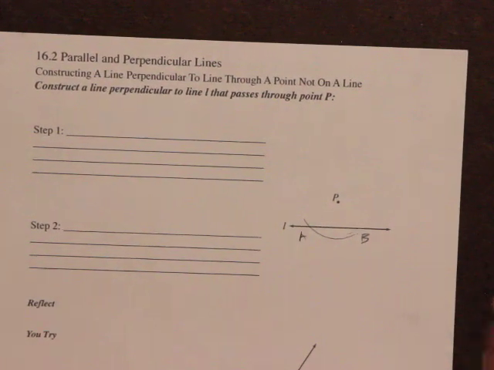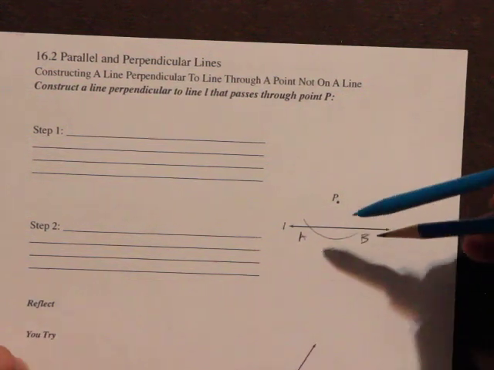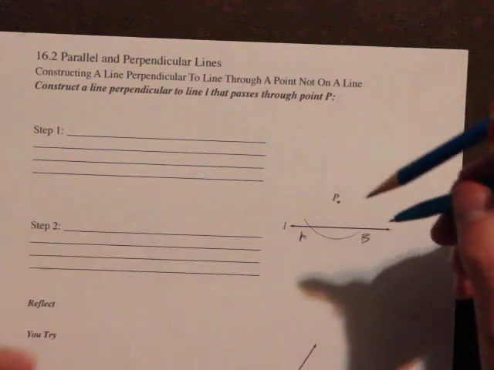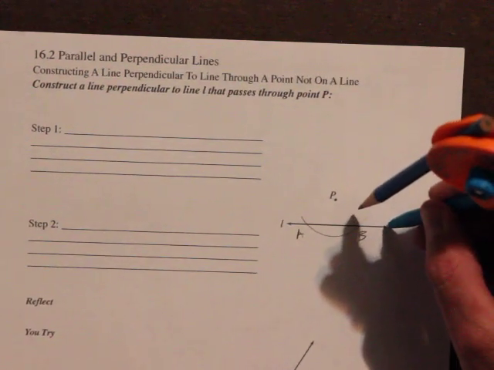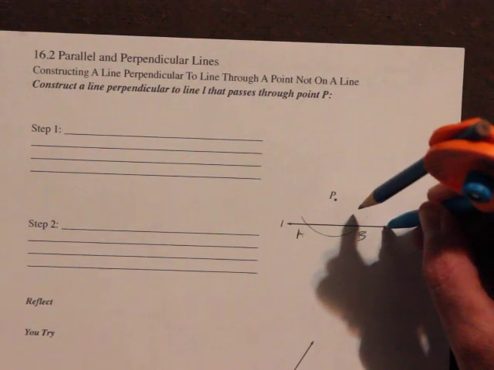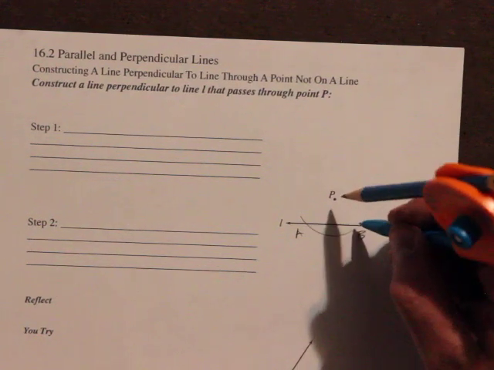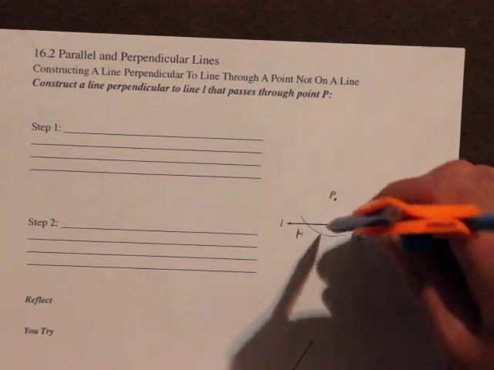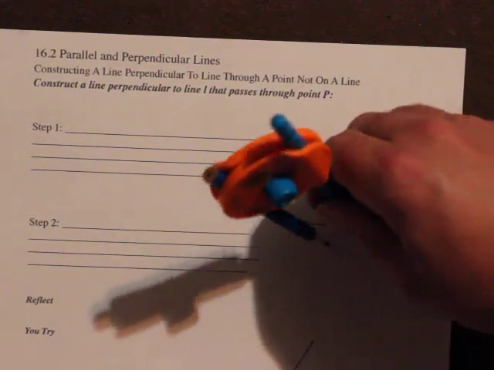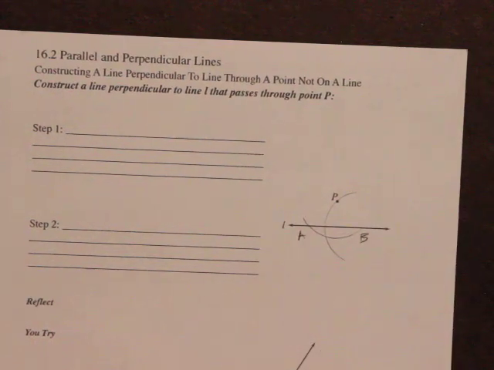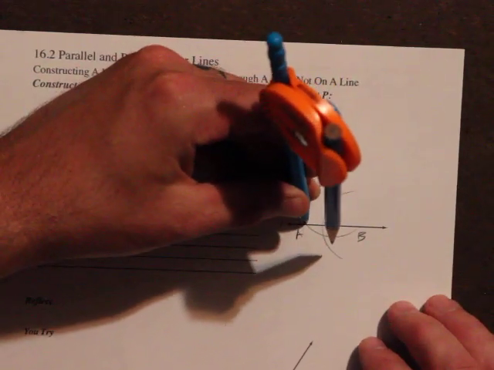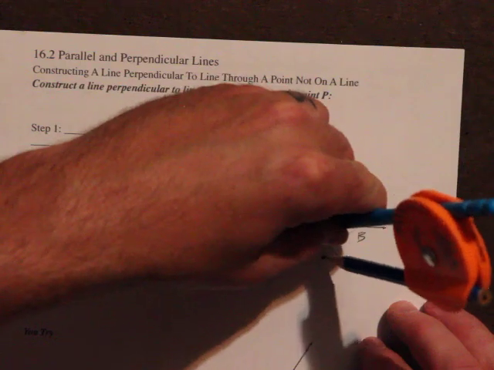B. Now, something that a lot of students do is they put their pointy end on the arrowhead. Don't put the pointy end on the arrowhead. Put the pointy end on B, draw an arc, and put the pointy end on A, draw an arc.